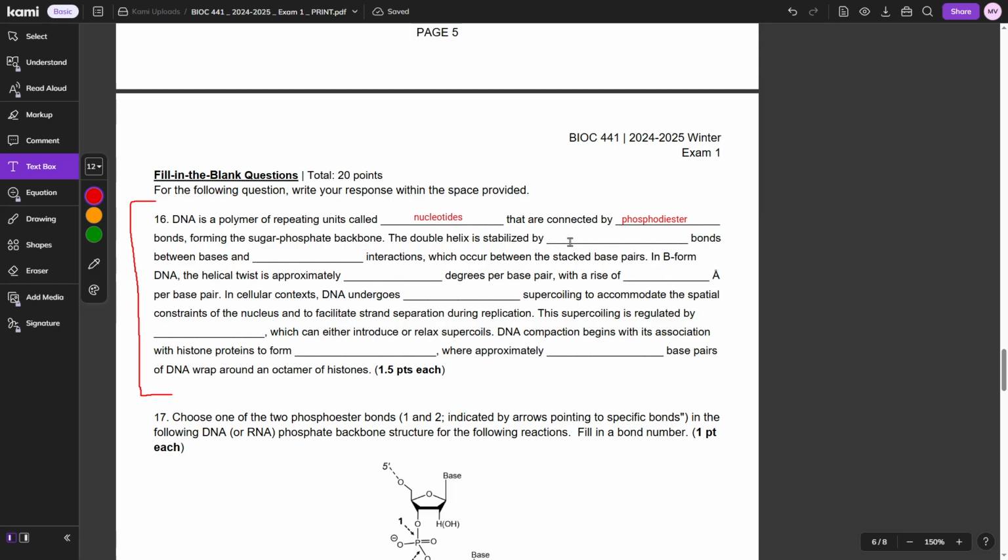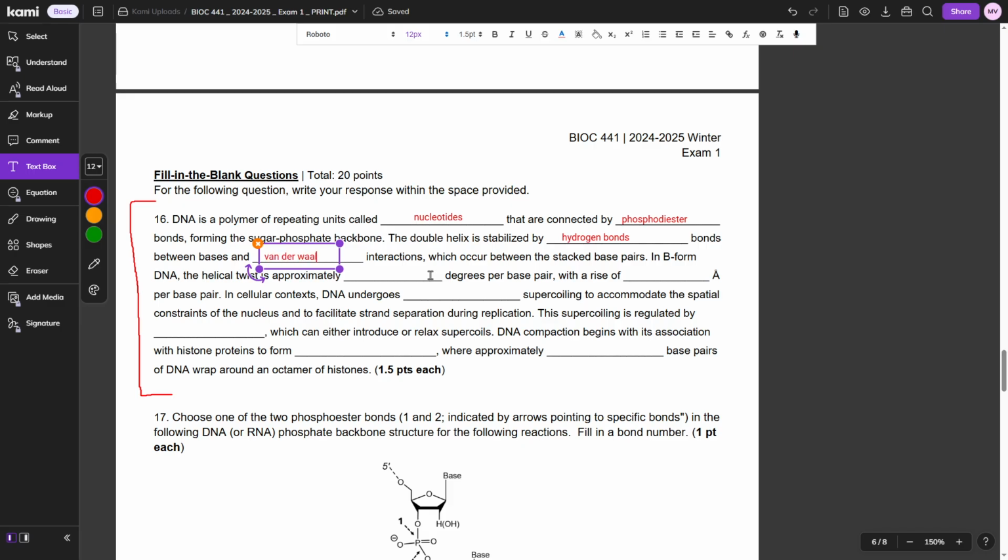The double helix is stabilized by blank bonds between bases and blank interactions. Okay, so between bases, I'm looking for hydrogen bonds, and specifically the word interactions. The only other thing I can think about that stabilizes the double helix is the van der Waals interactions or the hydrophobic interactions. So I'd specifically say van der Waals interactions.